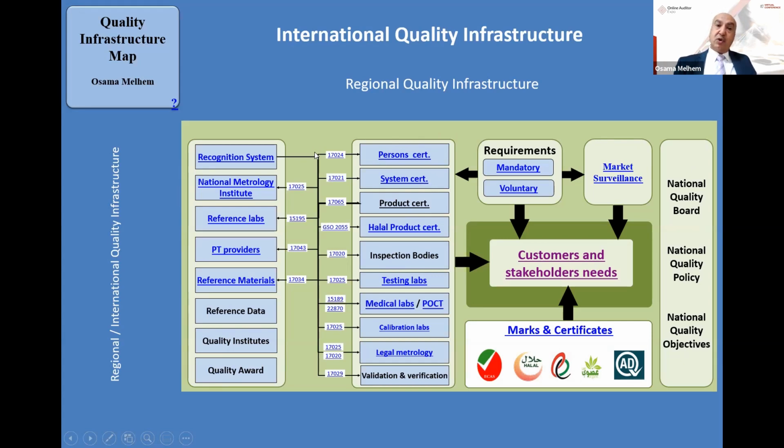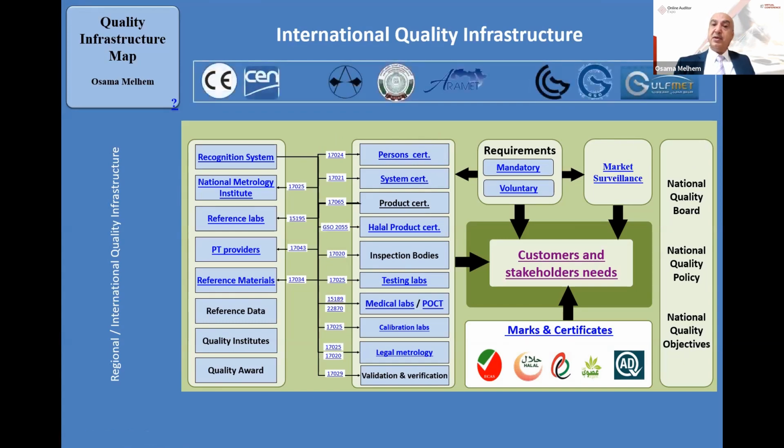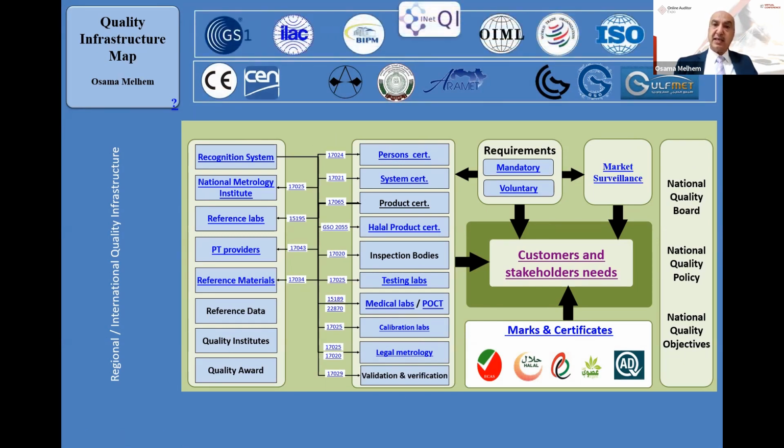Now we cannot work solo. We need to cooperate at the regional level and the international level. So we have a mirror organization at the regional level, and we have also mirror organizations at the international level. Now at the regional level, these are some examples.